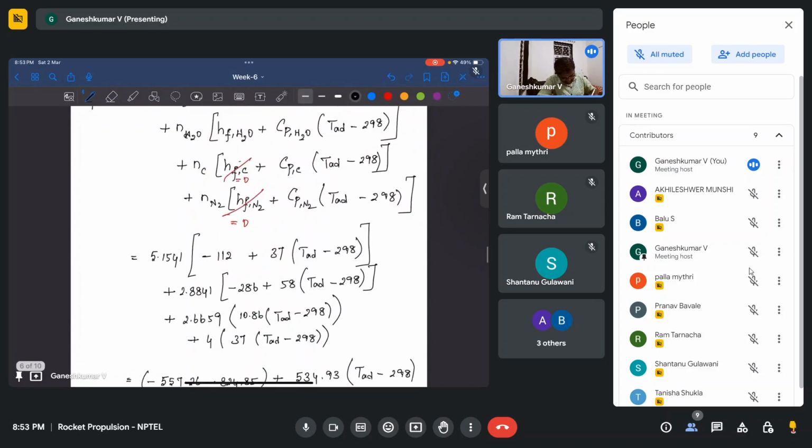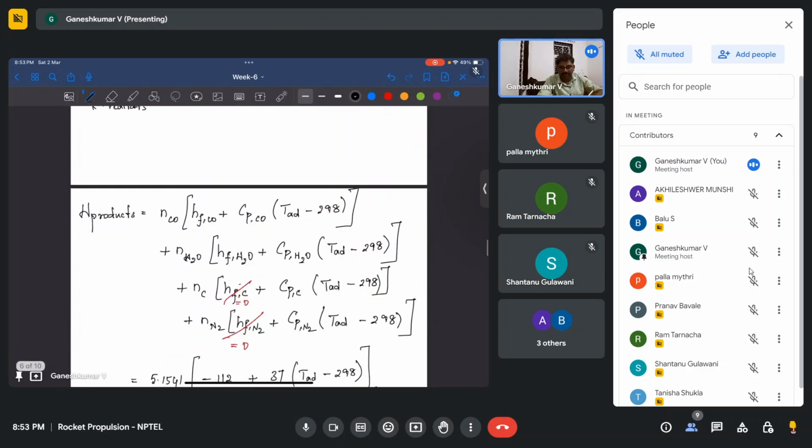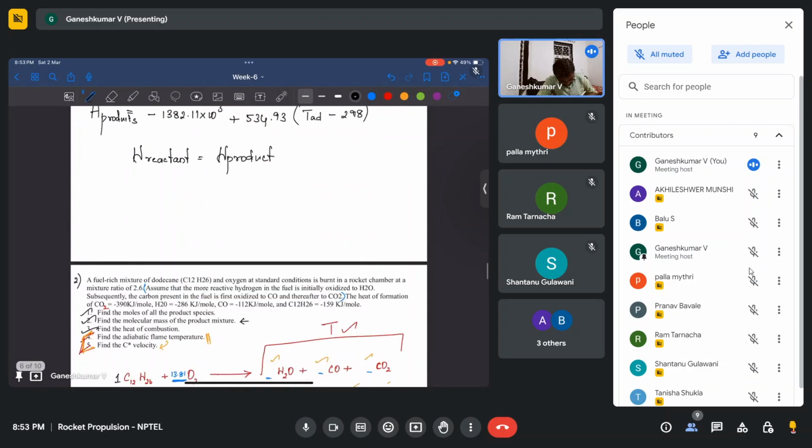H reactant is nothing but 72.778 into 10 power 3, which is equal to minus 1382.11 into 10 power 3 plus 534.93 into T adiabatic minus 298.